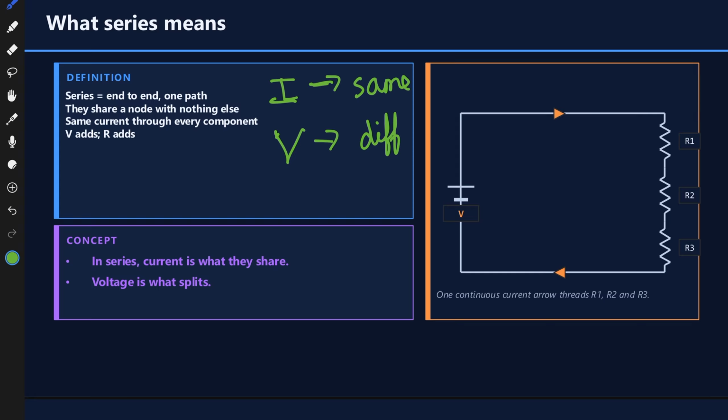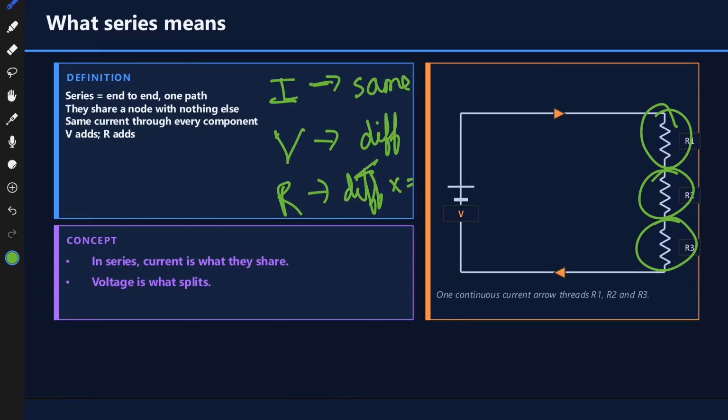And the resistance is going to be different for each of them, right? Which makes sense. So the current is the same through any resistor.